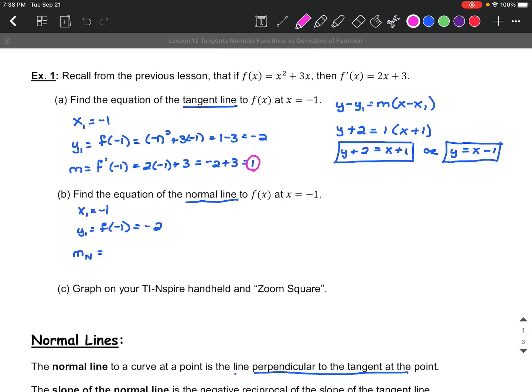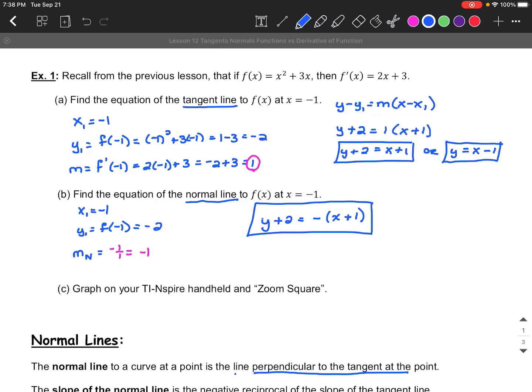So the negative reciprocal of 1 is negative 1 over 1, or just negative 1. So now the equation of our line is y minus our y value, negative 2, so plus 2, equals our slope, negative 1, times the quantity x minus our x value, negative 1, so it becomes plus 1. And here's the equation of your normal line.